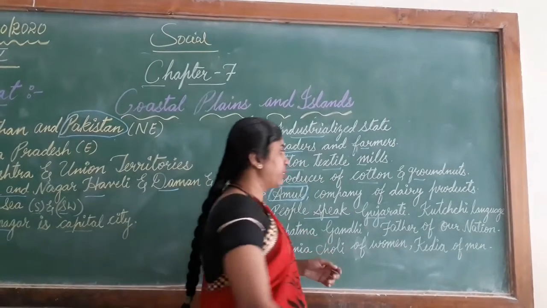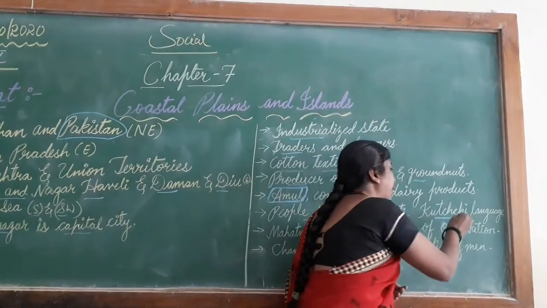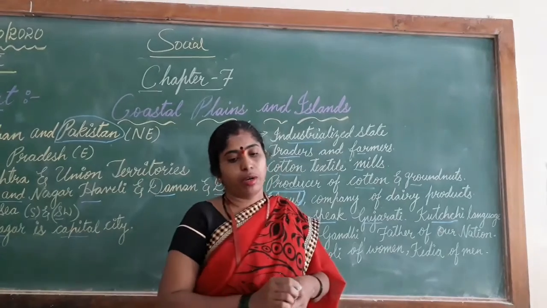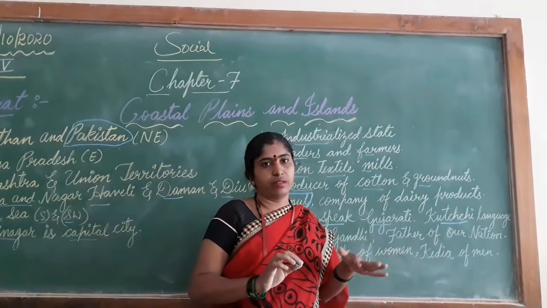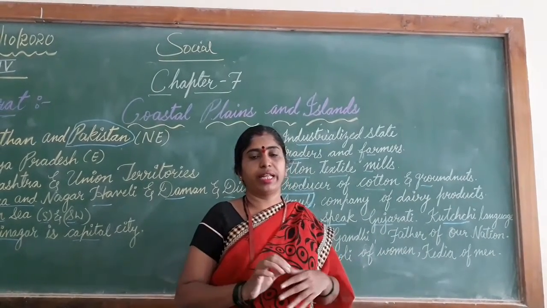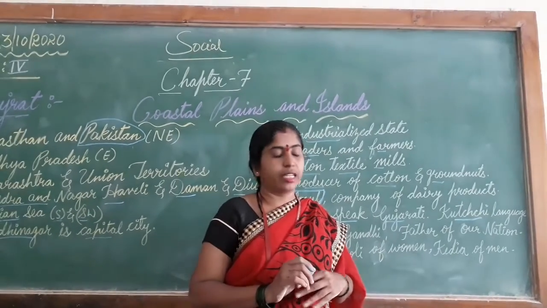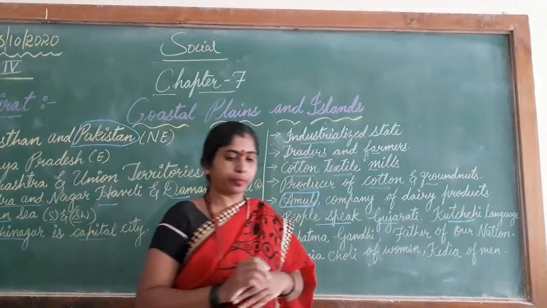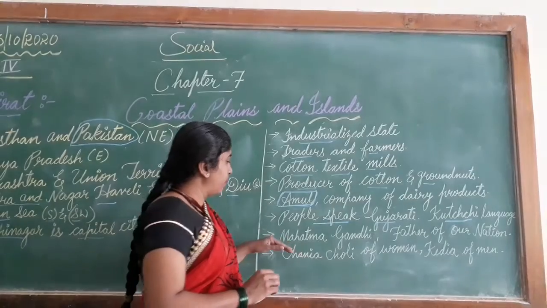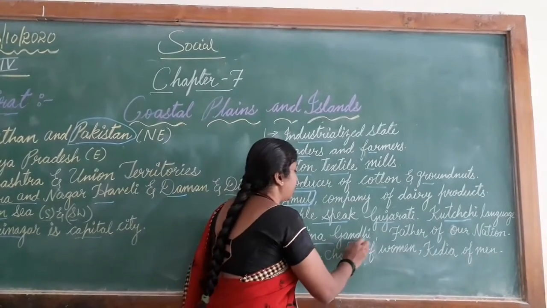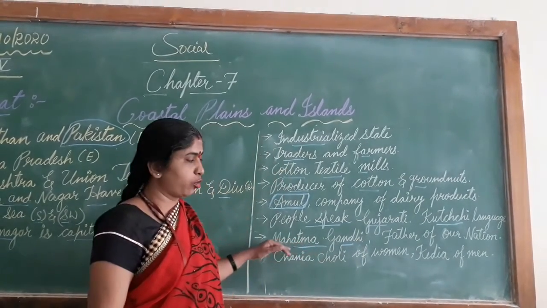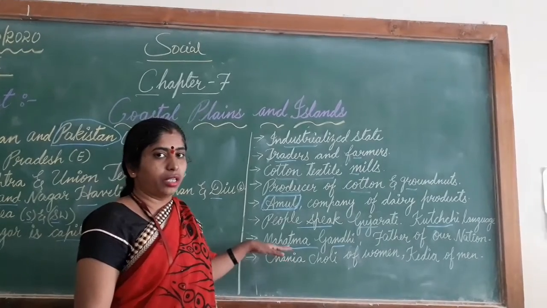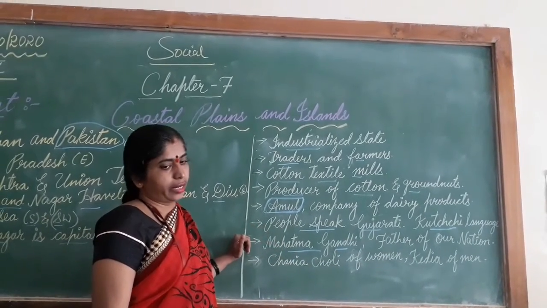Kutchi is also a language which the local people living in the Kutch region speak. And Mahatma Gandhi, father of our nation, belongs to this state. He was born in this state.